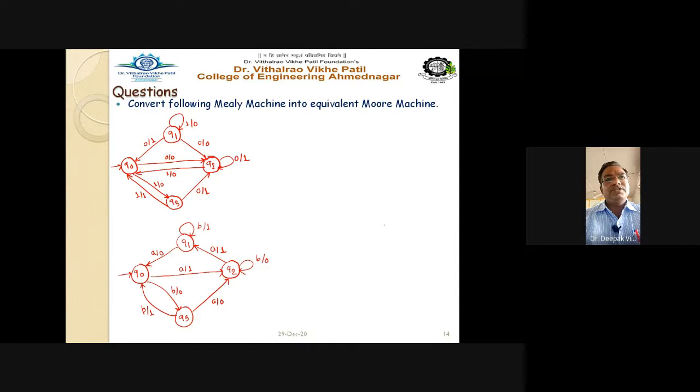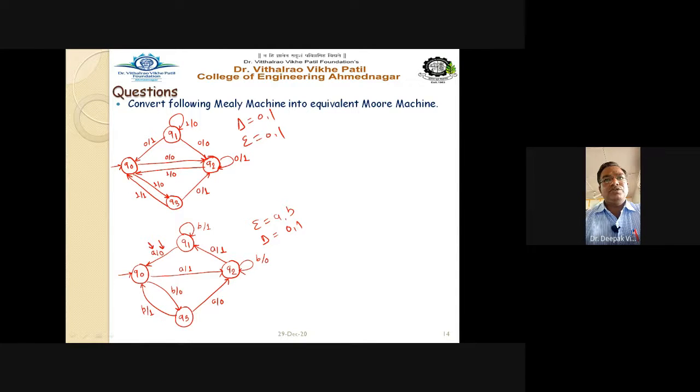So in the first case, your output alphabet is 0, comma 1, and input is also 0, comma 1. But in this case, you have the input sigma equal to A, comma B, whereas the capital delta is equal to 0, comma 1, because this is your input symbol and this is the output symbol, right?